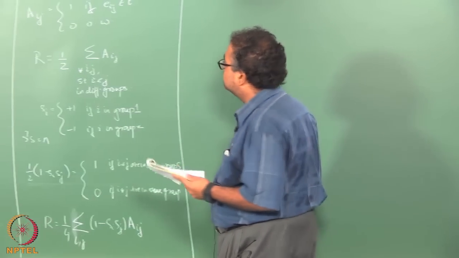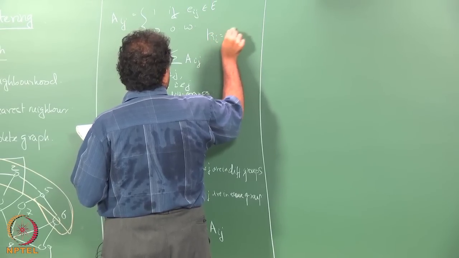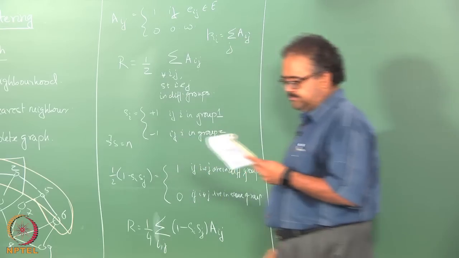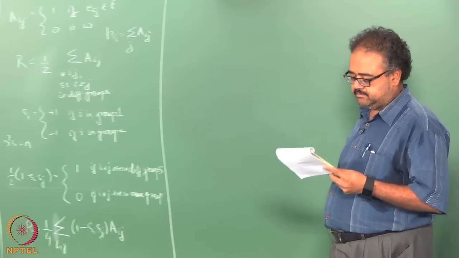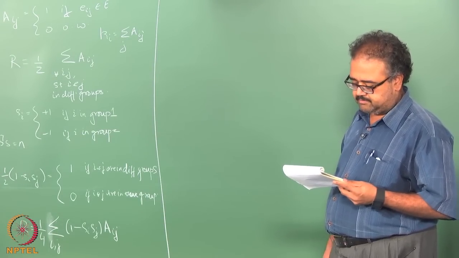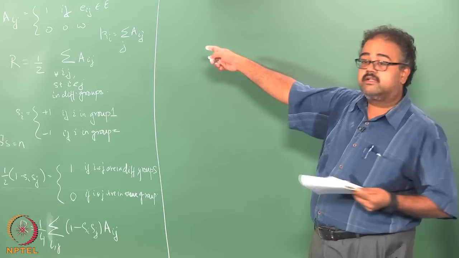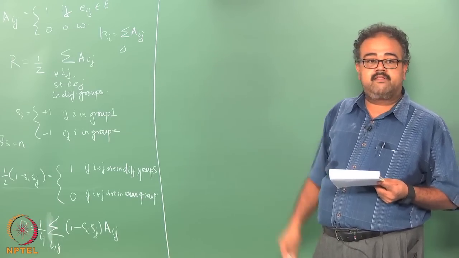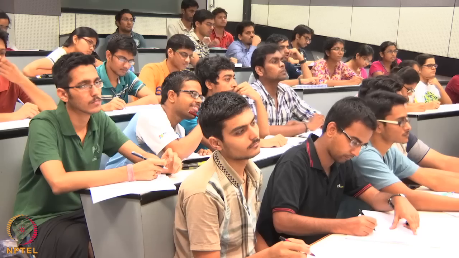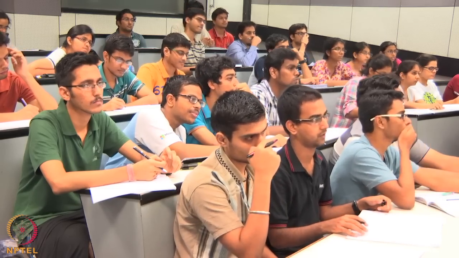Okay. So one other notation I should introduce. So what is that? Degree, right. If I want to get the degree of node i, I just sum over j a_ij, right.